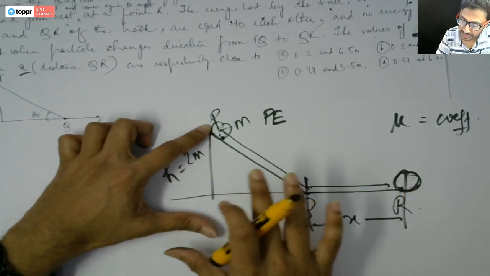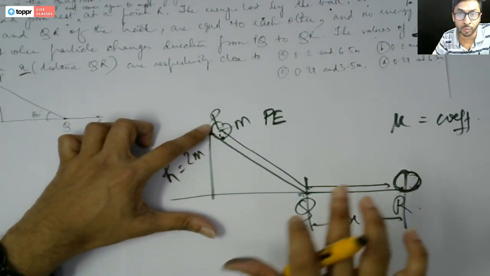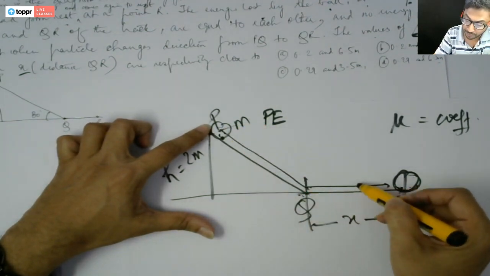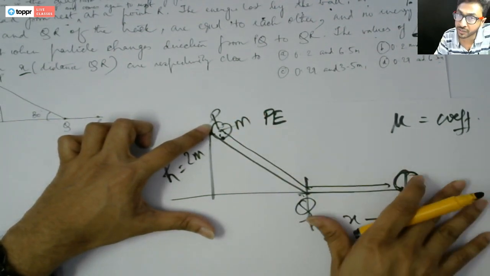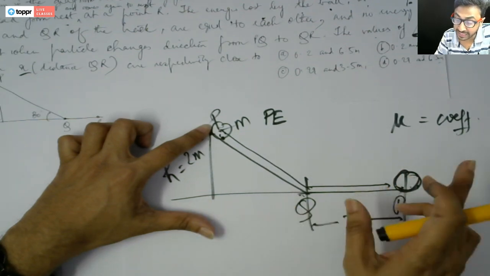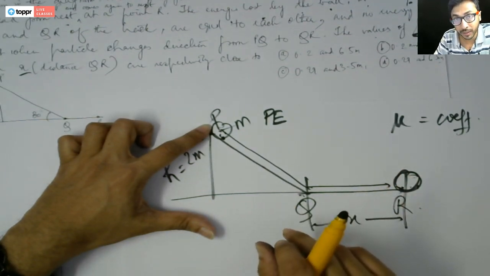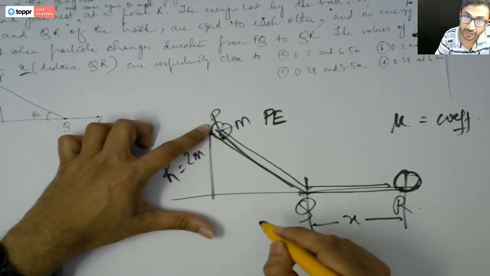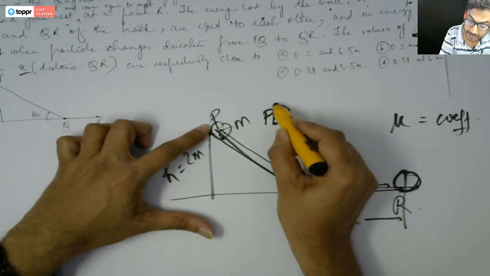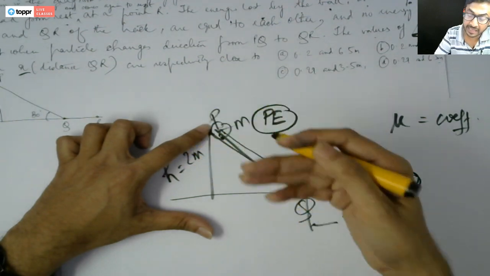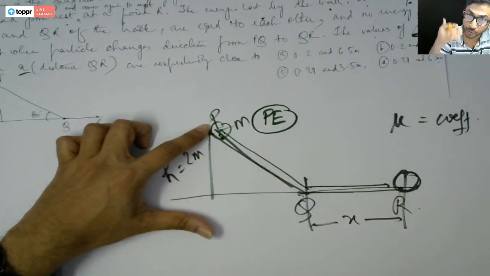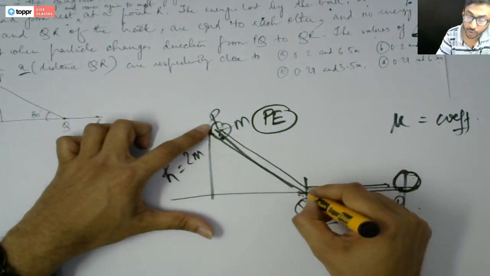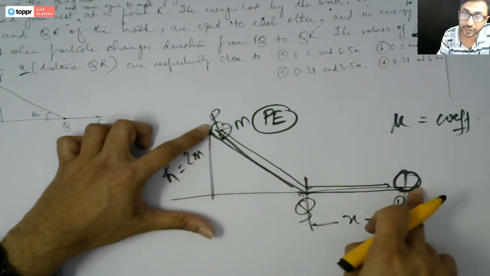Now, in general, if there wouldn't have been friction, what would have happened? When the body falls down, it will lose its potential energy and increase the kinetic energy of the body. But as the whole path is having friction, the kinetic energy is also getting lost because it needs to do some work against the force of friction.